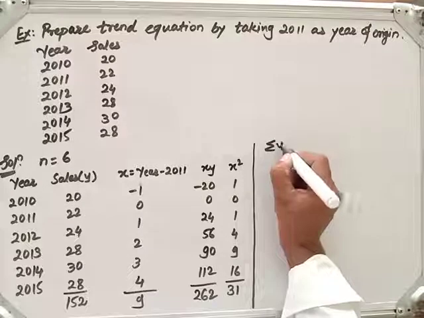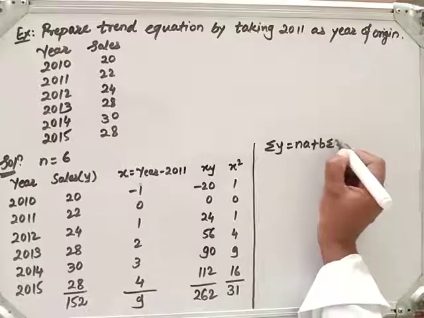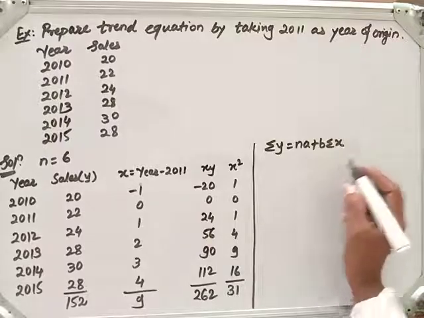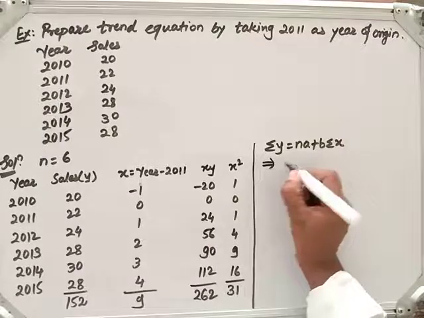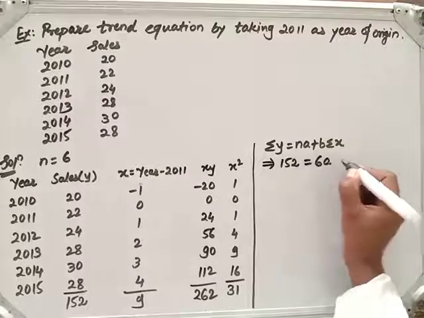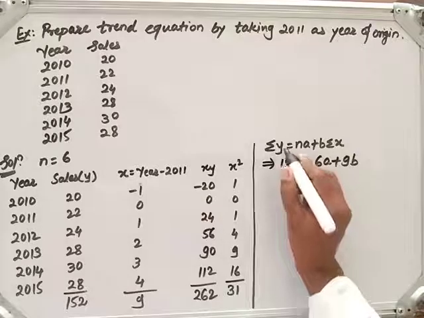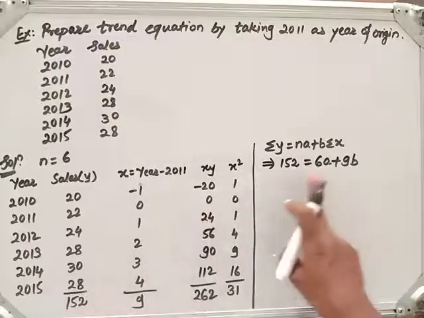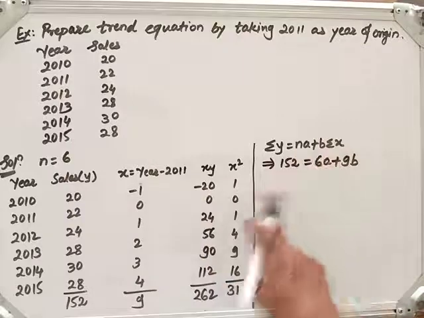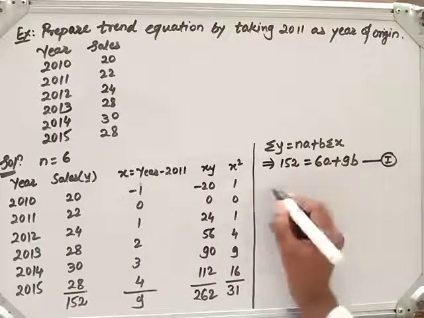Now you know the equations. Summation y equals n into a plus b summation x. Substituting the corresponding values, summation y is 152, n is 6, summation x is 9. So 152 equals 6a plus 9b. Call this equation number 1.